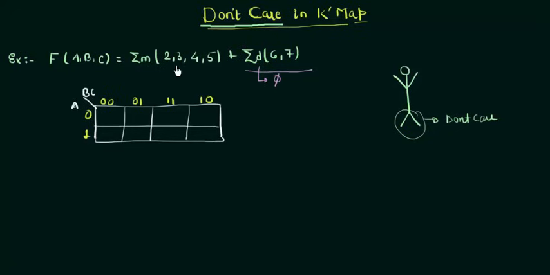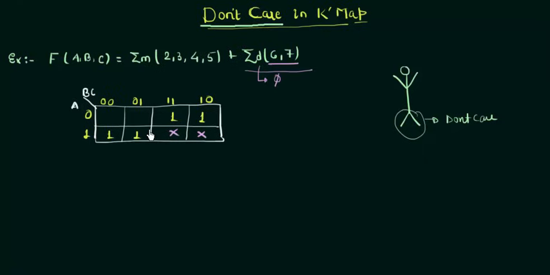So m2, m3, m4 and m5, let's fill it. 0, 1, 2, 3, 4, 5, and our 6 and 7 cells are the don't care. So we will write a cross, or you can write D as well, but in most of the books you will find it as a cross, so I am using the cross notation for your don't care. So this is your K map, this is how it looks.